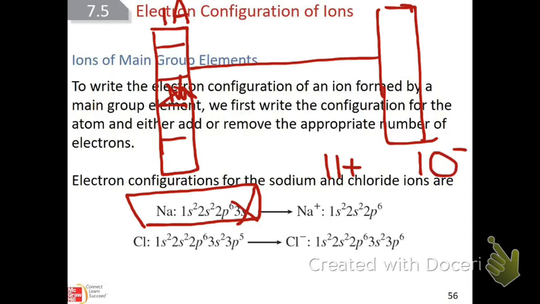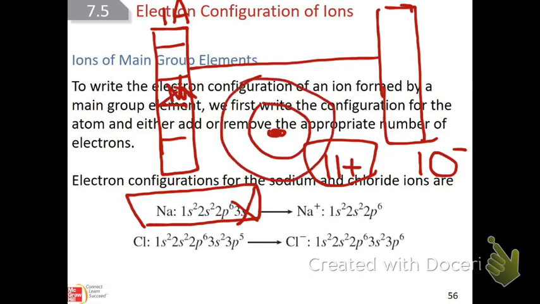I hope you can see that these 11 positive charges, and remember they're located in the nucleus, are all working together really tightly to pull these 10 negatives, who are now in 2 different energy levels.